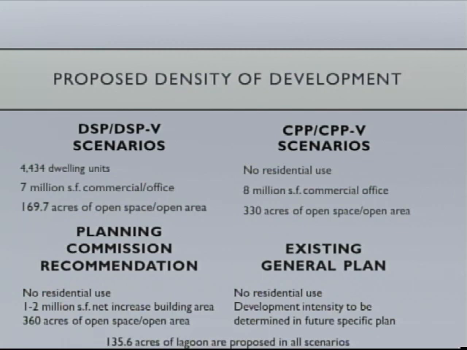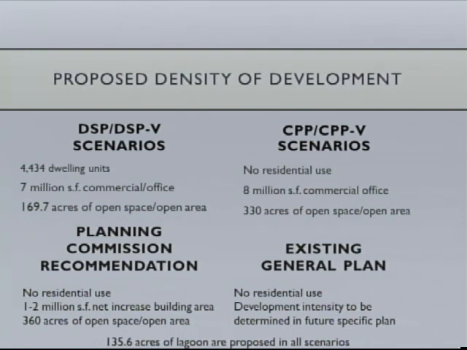Density of development is very different. In all of these scenarios, the lagoon area, 135 acres proposed for open space. In the developer-sponsored plan, 4,400 dwelling units, about 7 million square feet of commercial office, and about 170 acres of open space. In the CPP scenarios, the residential drops out, more open space, 8 million square feet of commercial office.